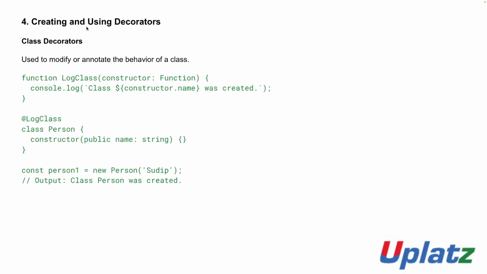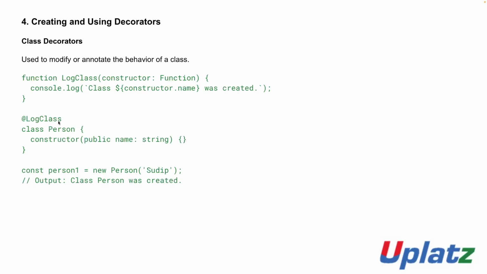4. Creating and using decorators. Class decorators are used to modify or annotate the behavior of a class. Function logClass, constructor of type Function. console.log within backticks, class, dollar within curly braces, constructor.name was created.